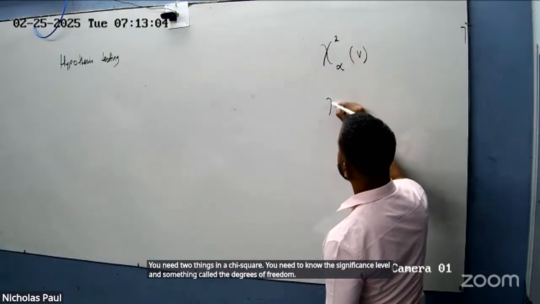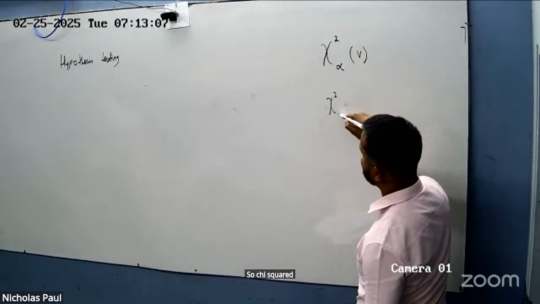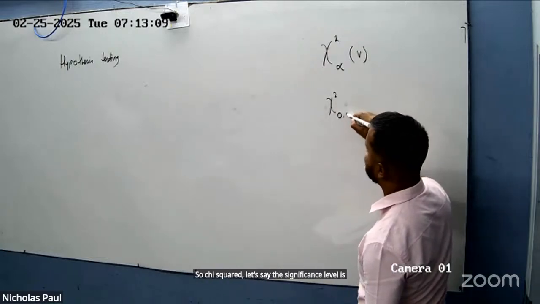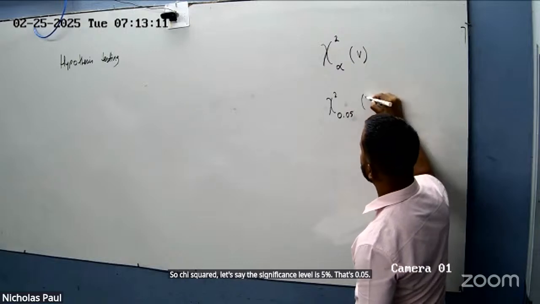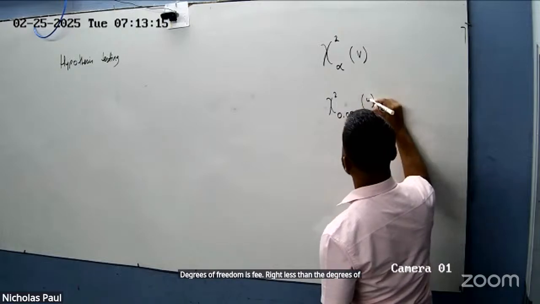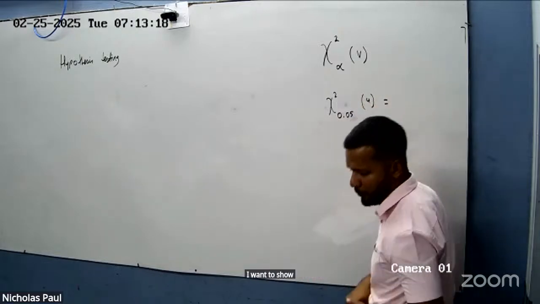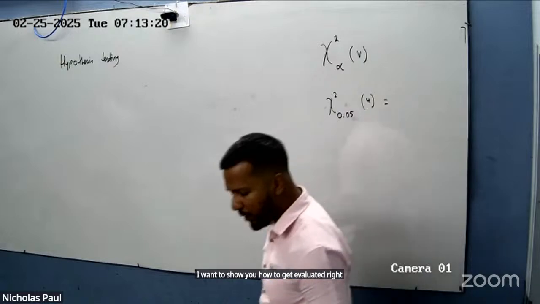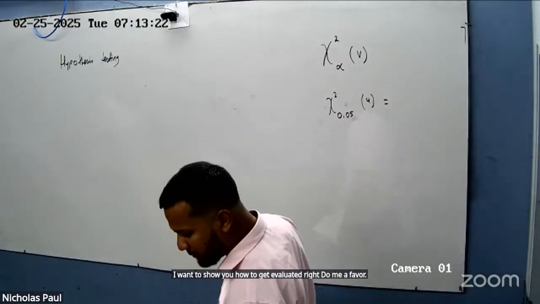So for chi-squared, let's say the significance level is 5%, that's 0.05. Degrees of freedom is V. Let's say the degrees of freedom is 4. I want to show you how to get the value, right? Do me a favor, go to your chi-squared table.